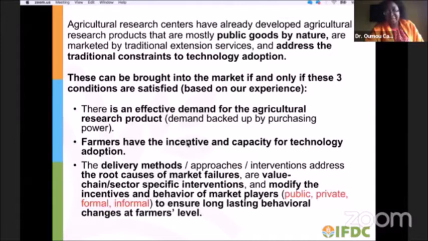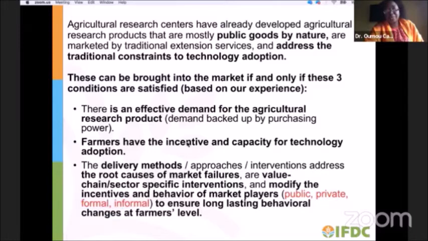By that, I mean constraints looking at the farmer level, production level, adoption constraints versus market system lens to looking at technology adoption.